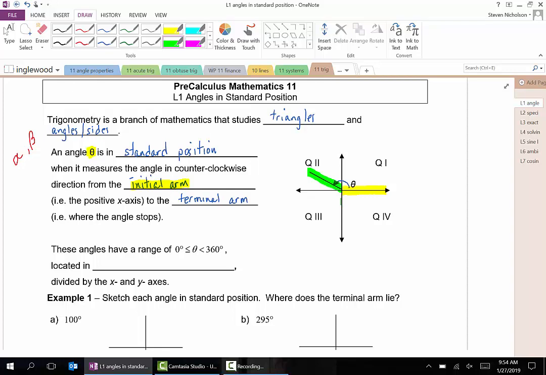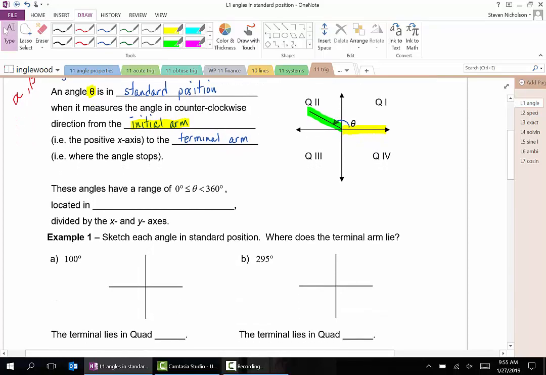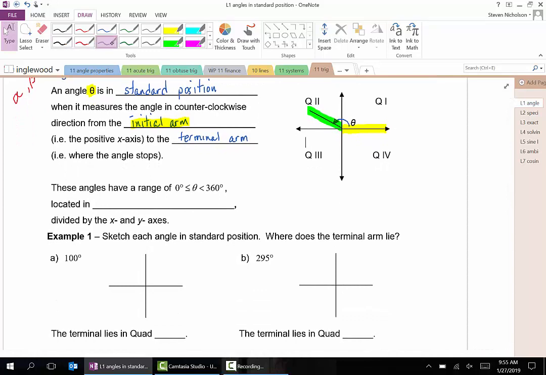But again, what we're going to do is we're going to go all the way around. So we're going to be interested in not only 0 to 180, but we're going to set up 0 to 360. So of all these angles we could imagine, starting at 0 and just spinning counterclockwise, we can go from 0 to 360 degrees.